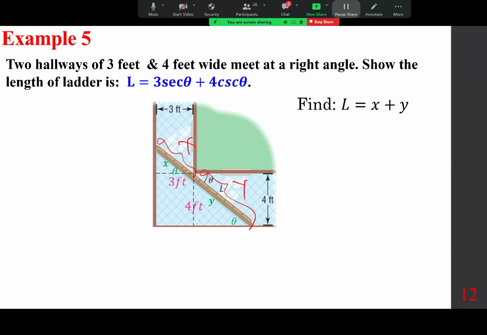So we are going to look at this triangle. And in that case, this is theta, this is 3, this is x. Cosine theta is the adjacent 3 over x. And therefore, x is 3 over cosine theta.